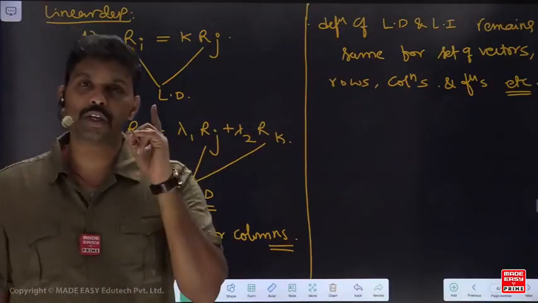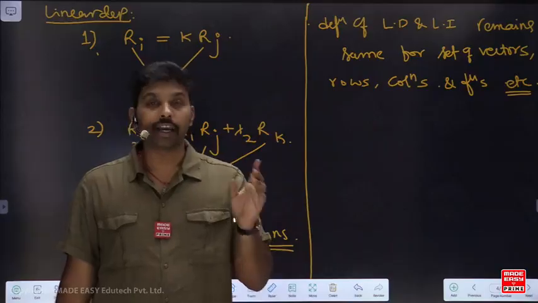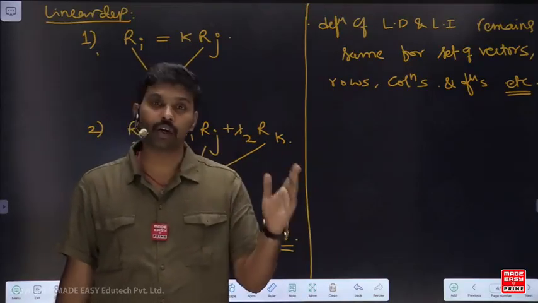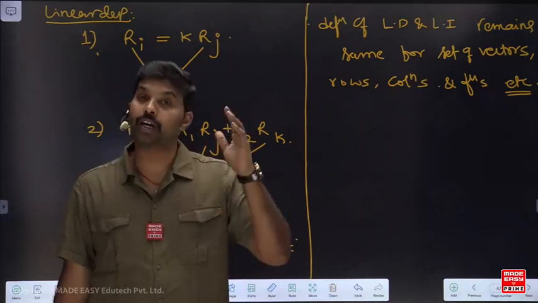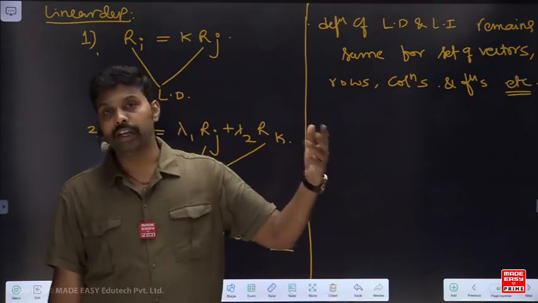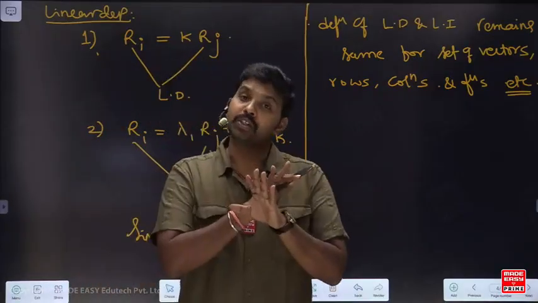The same definition, in place of vectors, you can take functions. In place of vectors, you can take the rows. You can take the columns. You can take any polynomials or any functions, anything here. But the definition of linear dependency and independency is the same.